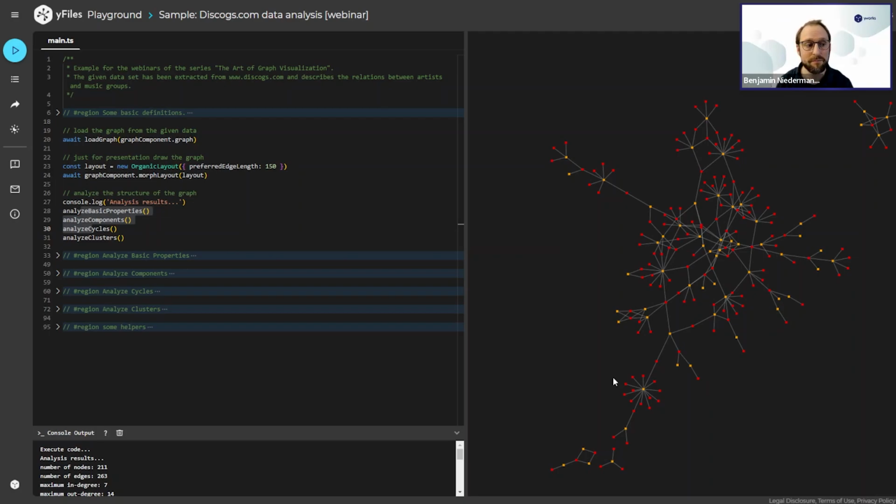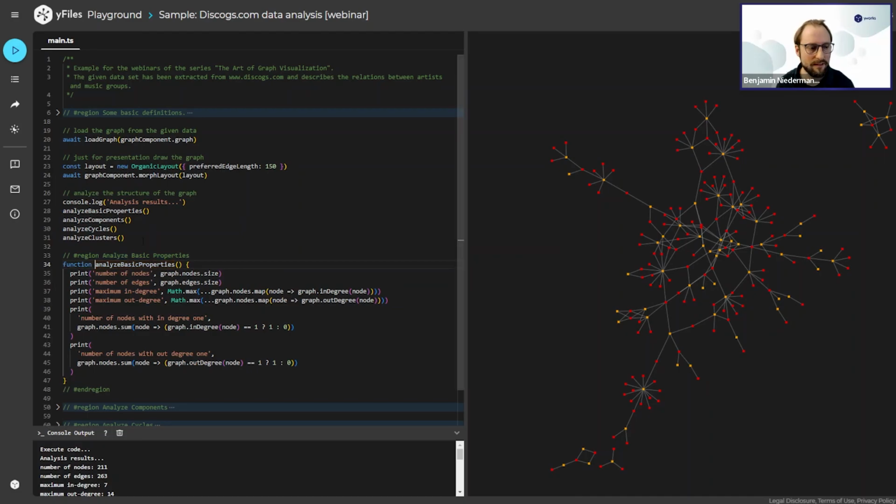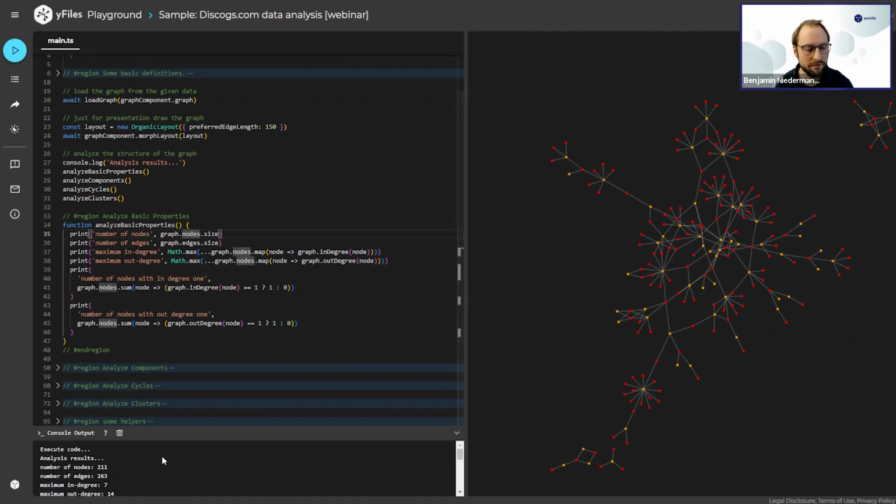But of course, sometimes you don't want to visualize your data first, but you first want to analyze it, getting some numbers. For this, you can just do some basic analysis, like I've done here in this analysis of basic properties, where I output the number of edges, the number of nodes, and the maximum in degree and the maximum out degree, and so on.